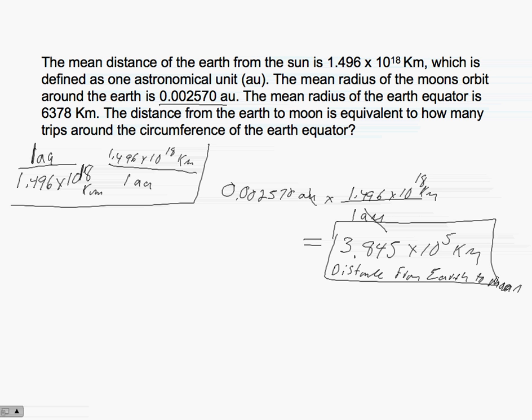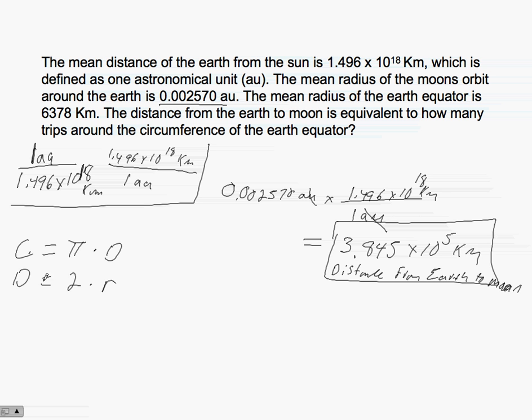Alright, so the next thing we need to do is define, we're told that the Earth's equator is 6,378 kilometers, and we need to know what the circumference of that is. So we know by definition C is equal to pi times D, and we know that D is going to be equal to 2 times our radius.